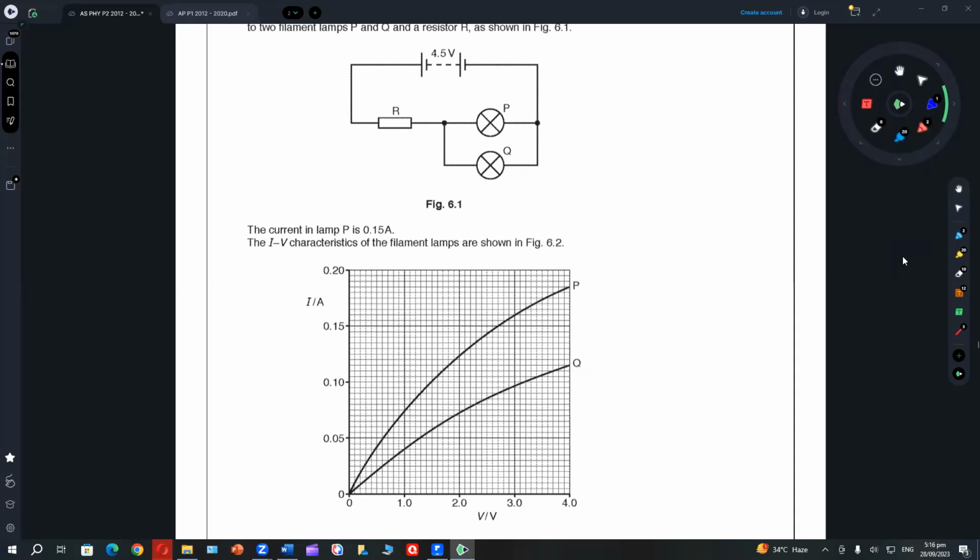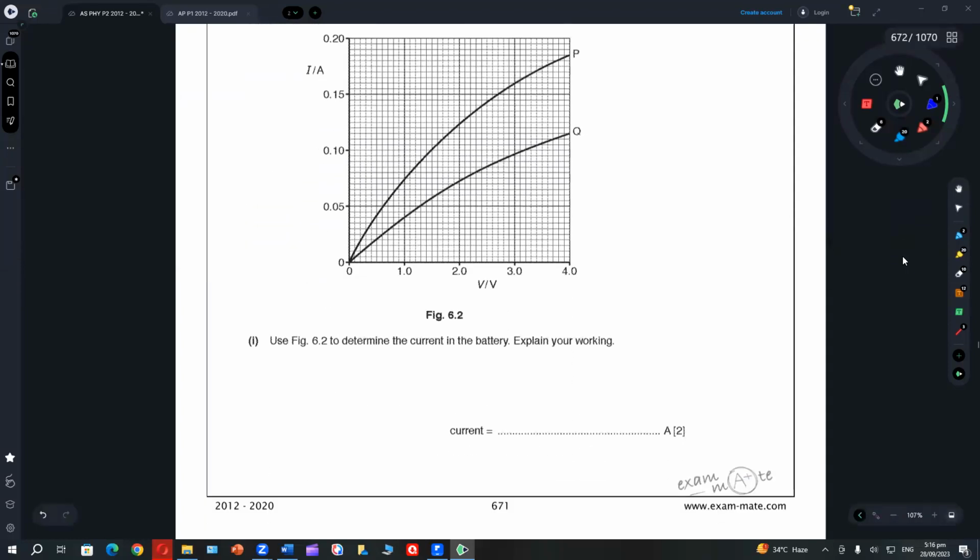So the current in lamp P is 0.15 ampere. Because they're in parallel, they will have separate currents, but they will have the same voltage. Whatever the voltage is, in parallel, voltage is always the same. Use the figure to determine the current in the battery. Explain your working.